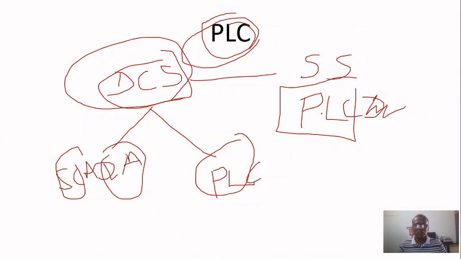Sequence of open this valve, close this valve, open this much, close this much. So it is like on-off control, a sequence of on-off controllers required for any startup process. In that case, the PLC will be very much useful. That also can be done by DCS.